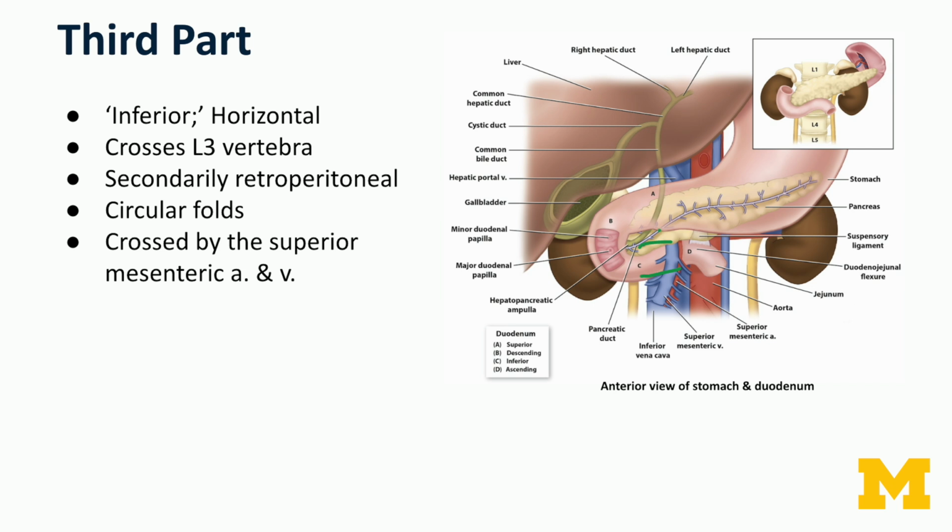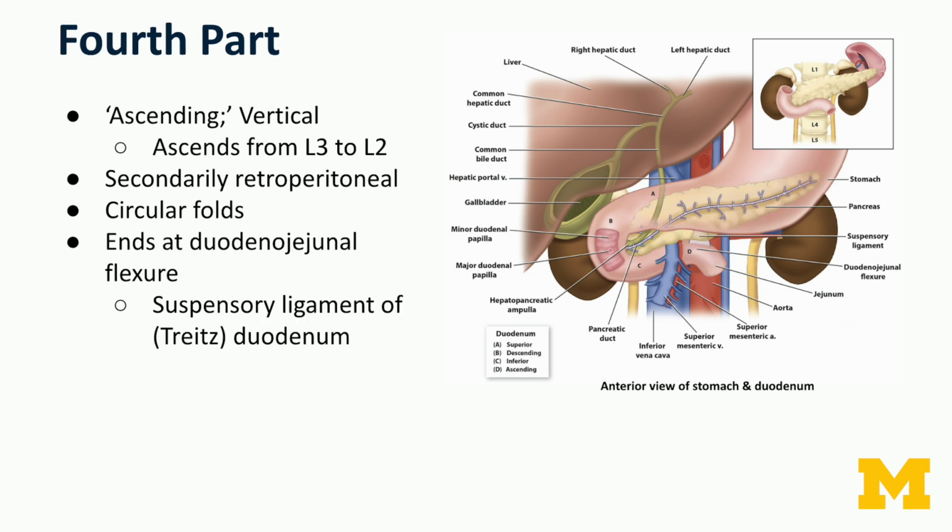So we have the superior mesenteric vein here, which is anterior, and its counterpart, the superior mesenteric artery, that cross over that third part, also behind the neck of the pancreas. You'll notice that the duodenum really snuggles the head and neck of the pancreas. And the remainder of it, the body of the pancreas, we find posterior to the stomach, as we'll see.